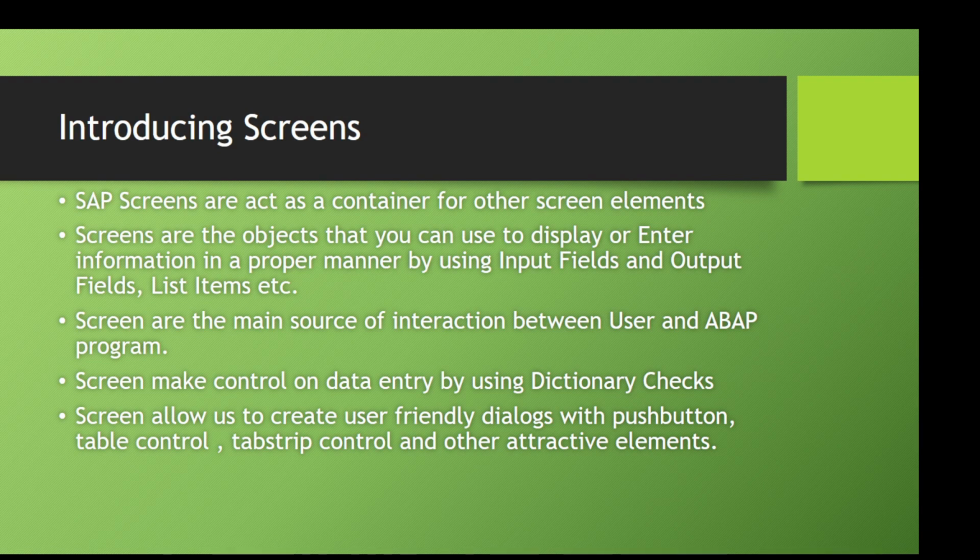After that, the screen controls data entry by using dictionary checks. So at this point, we come to know that every piece of information saved in the SAP ABAP database via screen is controlled via the ABAP dictionary checks.